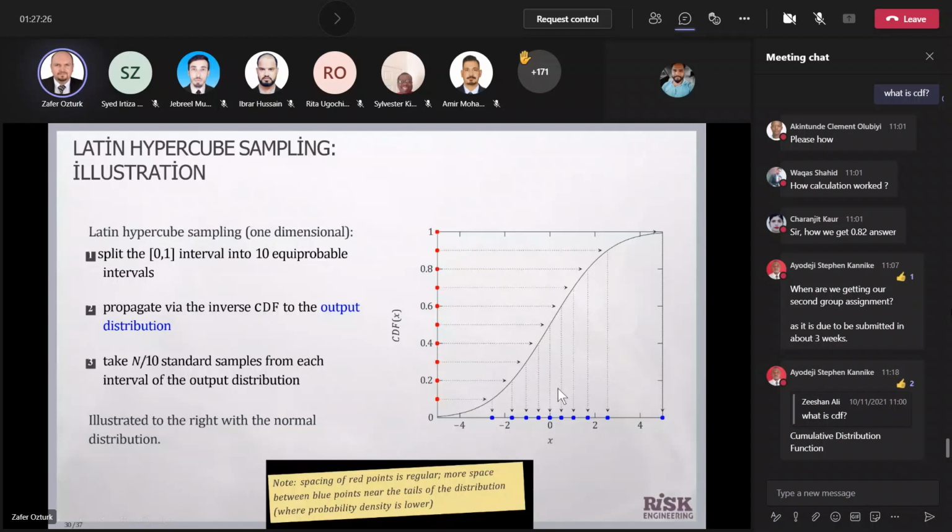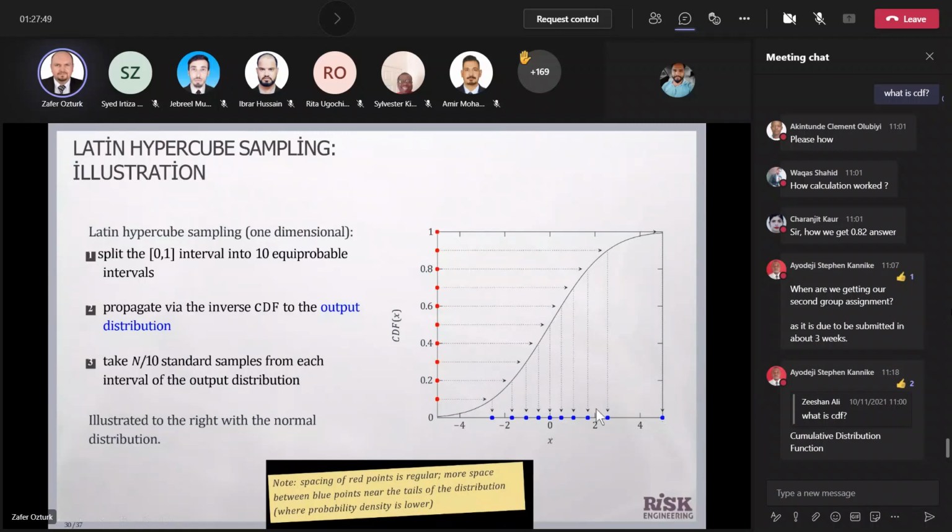Spacing of red points is regular. More space between blue points near the tails of the distribution. As you see, the distance here is greater, but they are closer here. The distance here is smaller than the distance here.